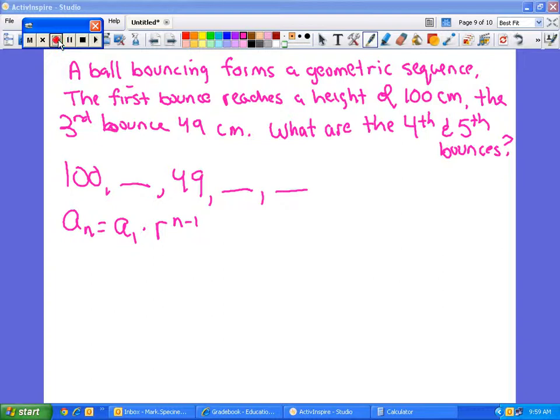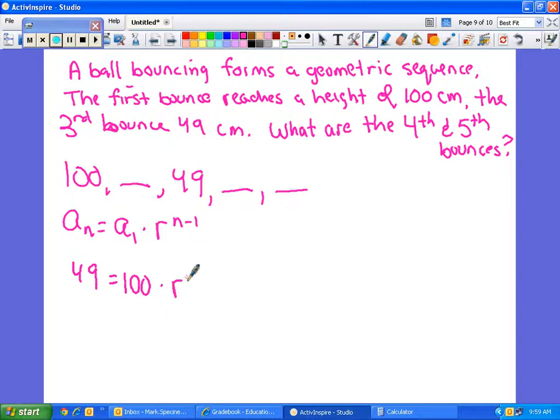So now once we have our formula, we're going to plug in. So what do we know? We know a sub 1 is 100. So if I'm using 100 as my a sub 1, what goes here? 49 is the only other number that I have in the problem. I'm going to multiply that by r. I don't know what r is, that's what I'm figuring out.